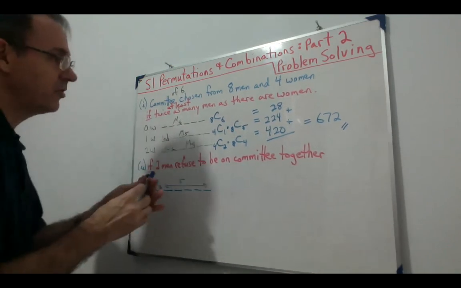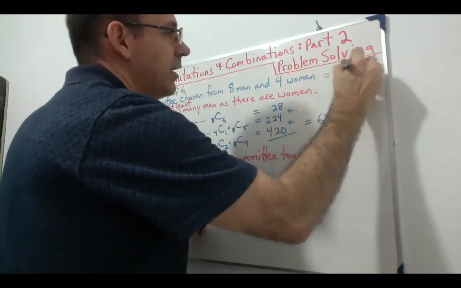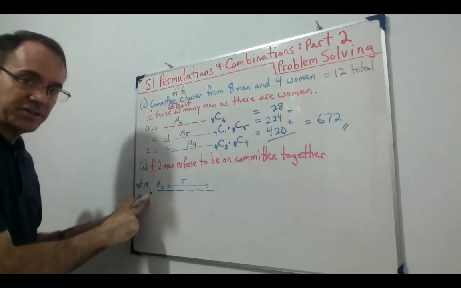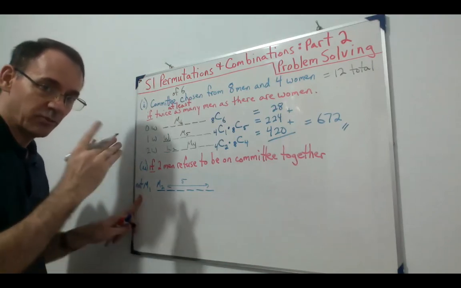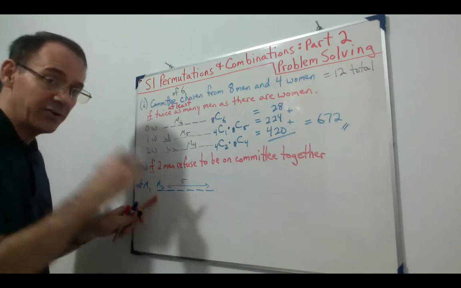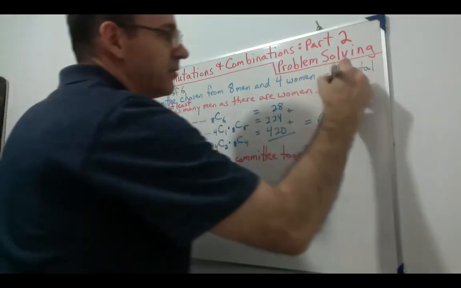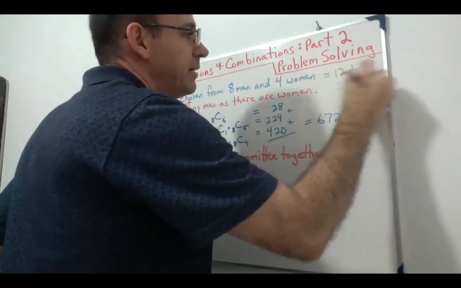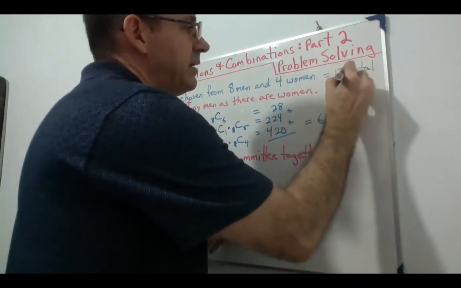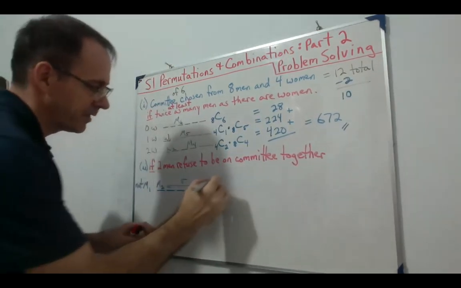There are a total of 8 and 4, so a total of 12 people. If we take off man 1, and we determine man 2 is on the committee, we remove those 2 people, meaning that there are still 10 people left for these 5 positions.